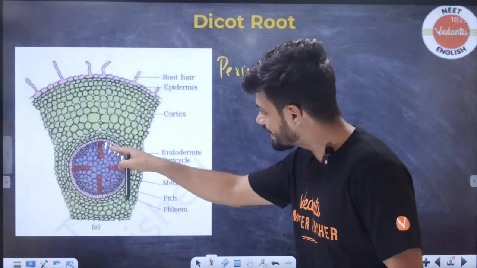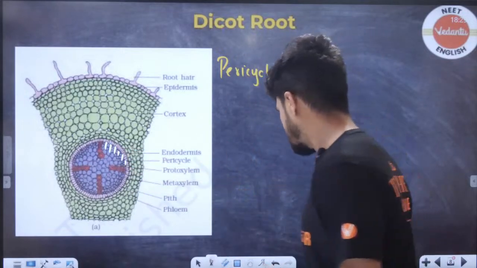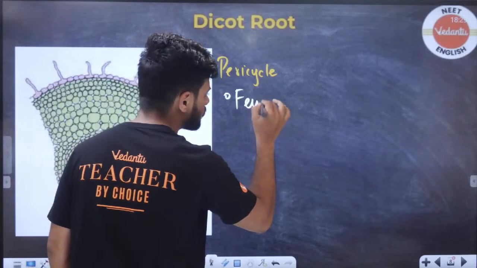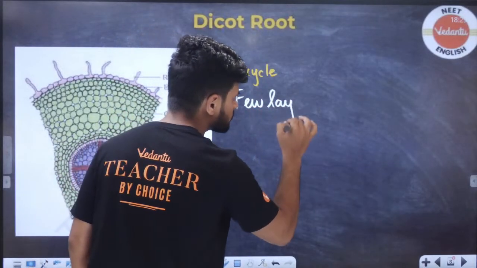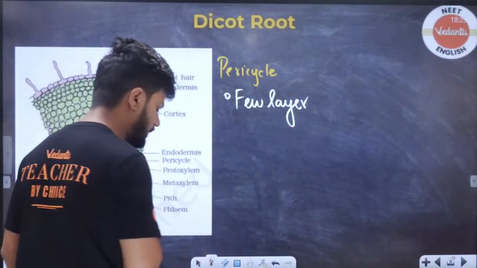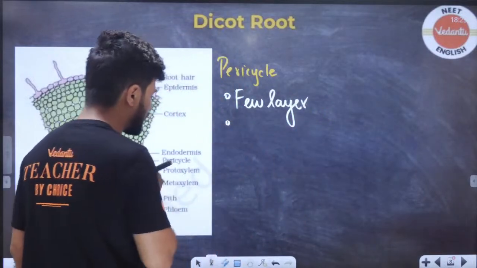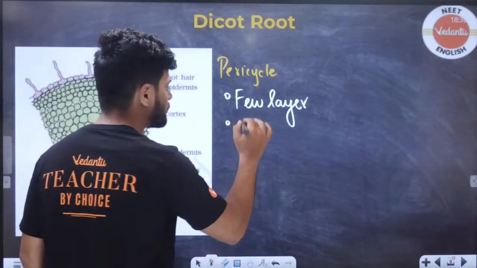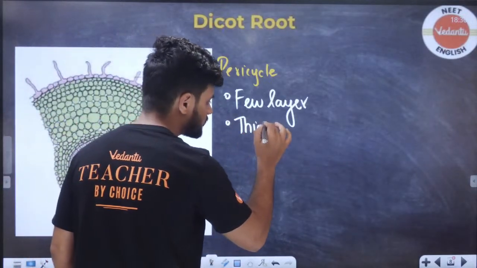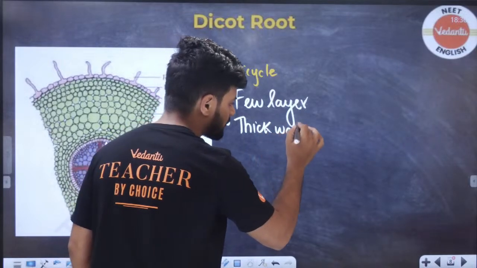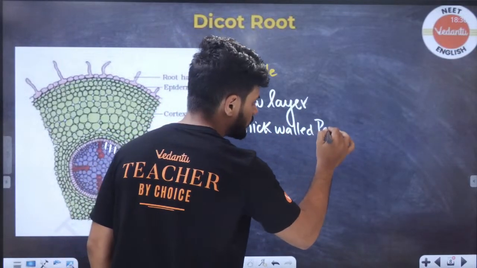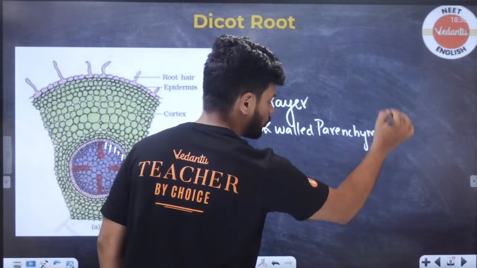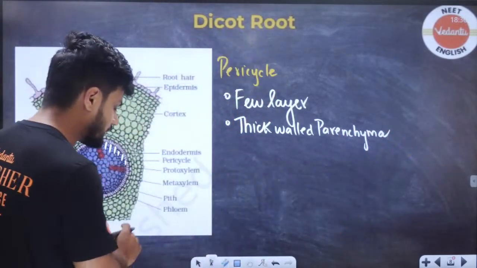Yes, it is a few layer. Now, unlike your other parenchyma, your pericycle is actually thick-walled parenchyma. That is your entire thing.